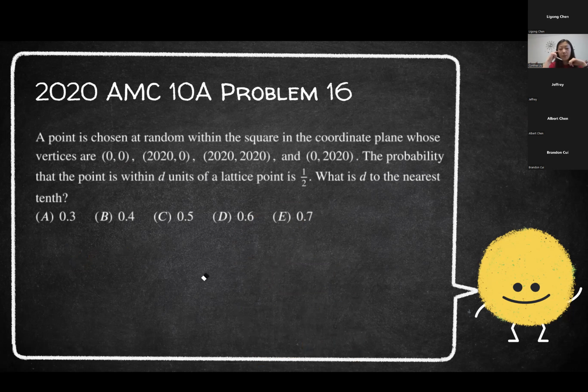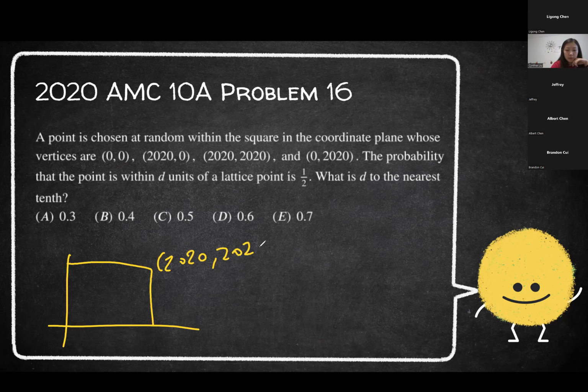Okay, so anyway, we have a square, right? So let's go ahead and draw that. There we go. So we have a square, and it looks something like this, where this is 2020, 2020. So we have a square like this, and we have a bunch of lattice points inside, 2020 squared of them, right?